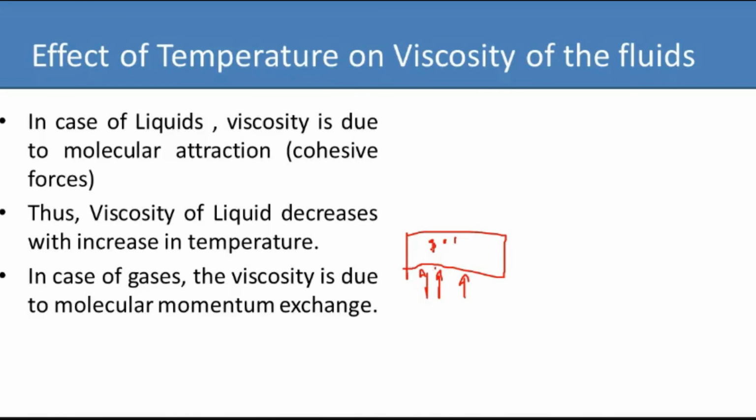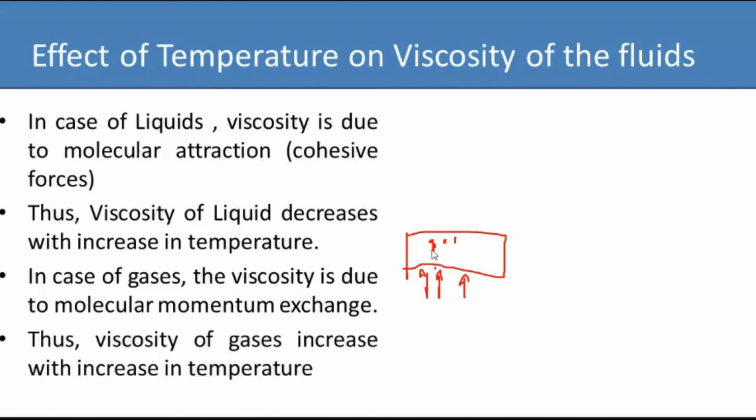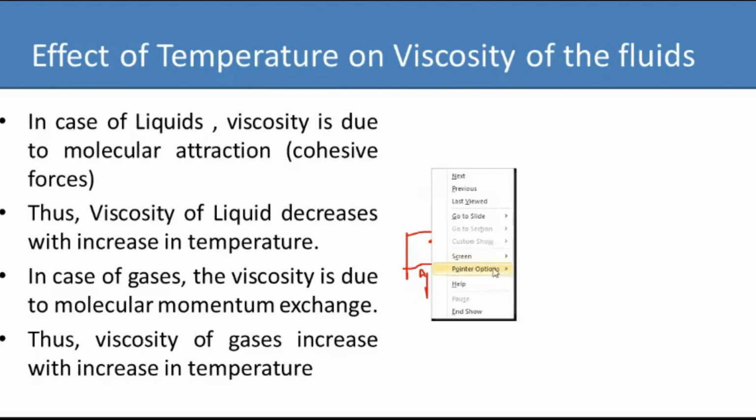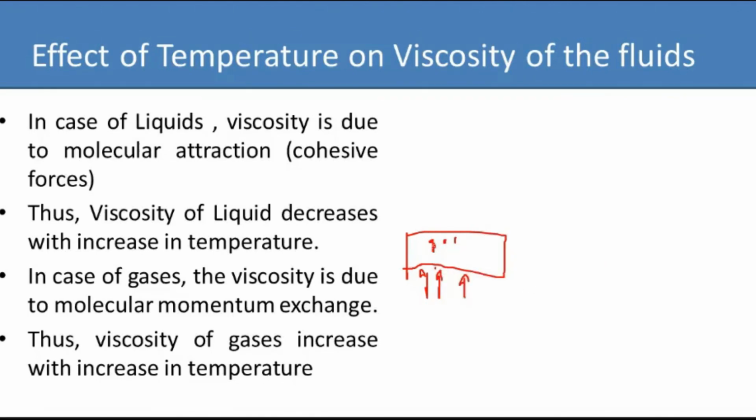So these molecules are going to move more easily, because their internal energy has increased. Earlier, when the internal energy was less, there was more resistance to move, but now the internal energy has increased, so the resistance will reduce.